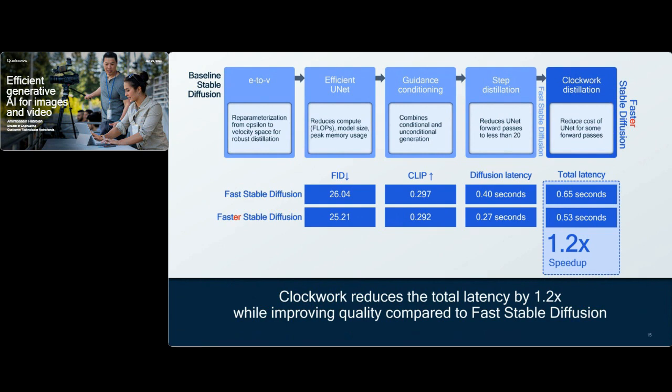Clockwork still achieves a 48% reduction in UNet latency, going from 400 to 270 milliseconds. That's the cost we tried to optimize, the cost you have to pay to generate a latent in Stable Diffusion. And there is an overall reduction of 20% in the overall generation time, including CLIP, autoencoder encoding and decoding, every cost altogether, on an Android phone, while actually improving the quality of the generations.